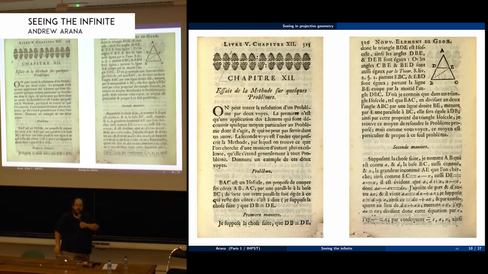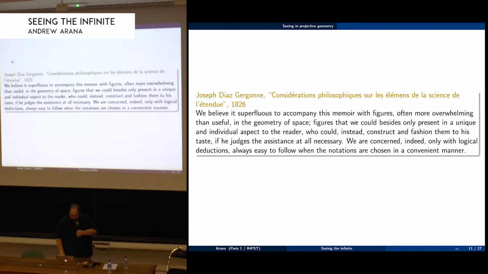So this became the norm, but the problem was algebra is just so efficient and so useful for solving problems that people began to stop bothering with the construction part of geometry. And you'll find that by the beginning of the 19th century, geometers talk about figures as though they're no longer a necessary part of doing geometry.